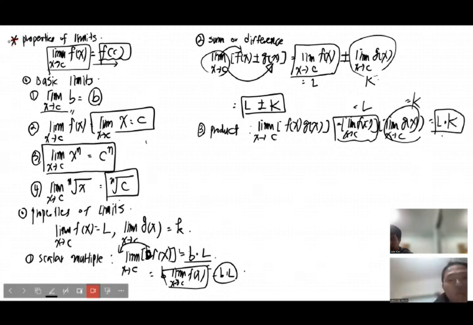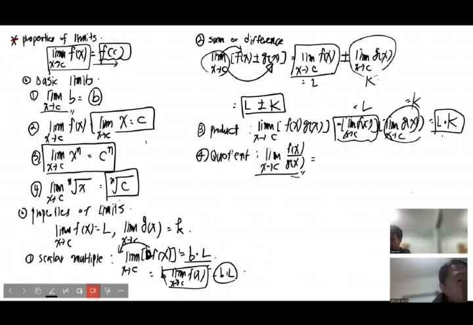Okay, that is the product rule. And number 4, the quotient rule. Same thing like the product rule. So that limit of f(x) over g(x) can be applied to the numerator and denominator separately.